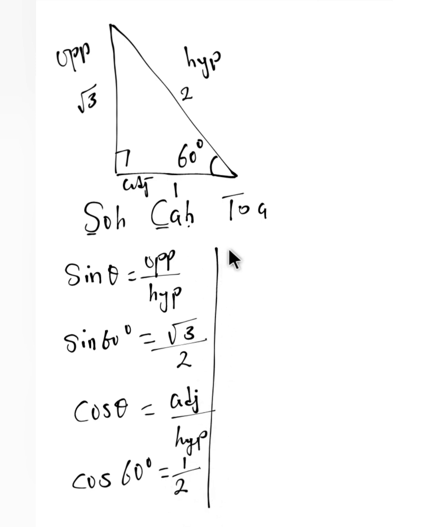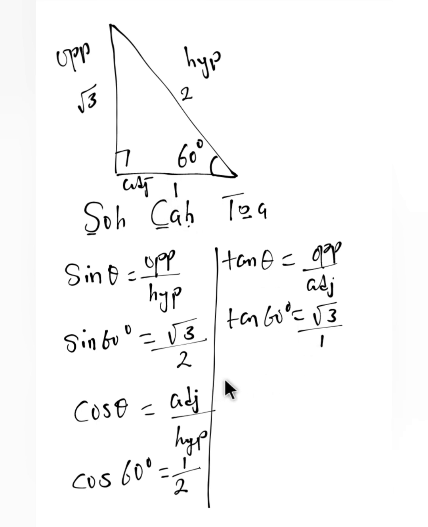And then let's move to tan. Tan theta is equal to O, opposite, over A, adjacent. Tan 60 degree is equal to opposite, which is the square root of 3, over adjacent, which is 1. Hence, tan 60 degree is equal to root 3.